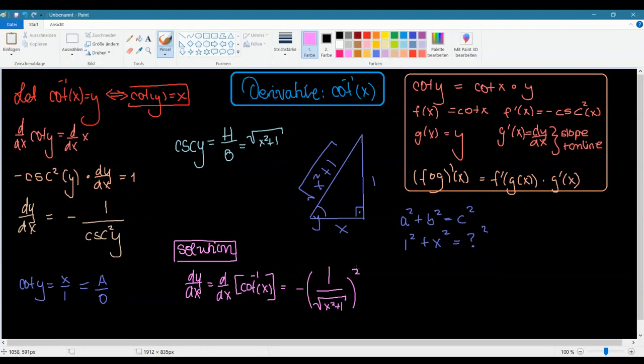And the reason we're pulling that square out is because of the power rule. I'm just going to write it down for you in case you've forgotten. You can just pull that exponent out, or you can put the exponent in both the denominator and the numerator. In this particular case, I pulled it out. Well, 1 squared is just 1. So we're going to end up with negative 1 over x squared plus 1, which, if you remember, is just the negative version of the derivative of arc tangent x. And that is our solution.